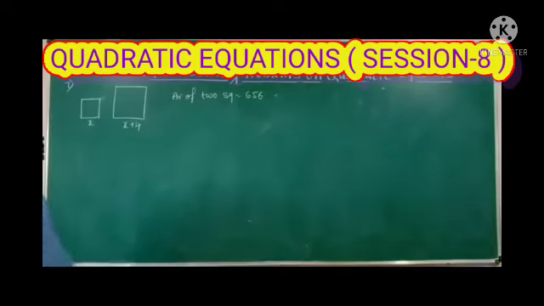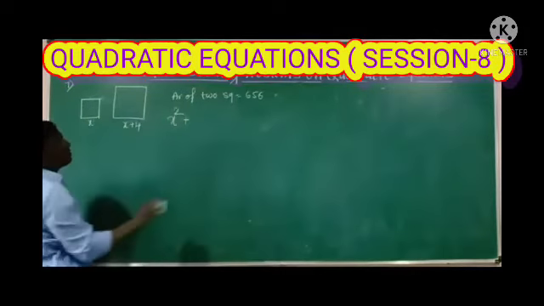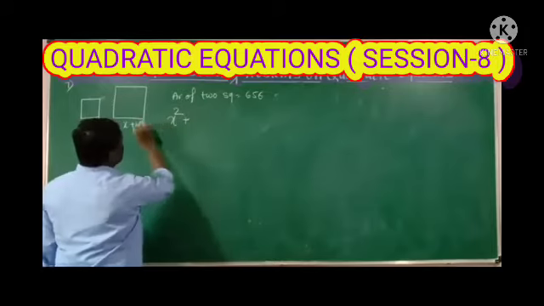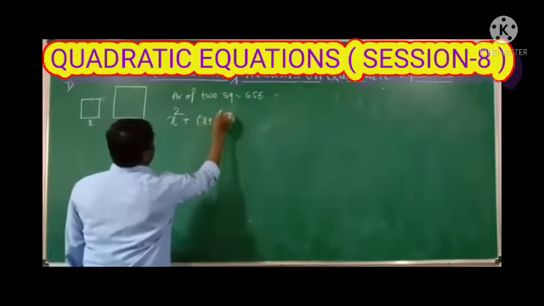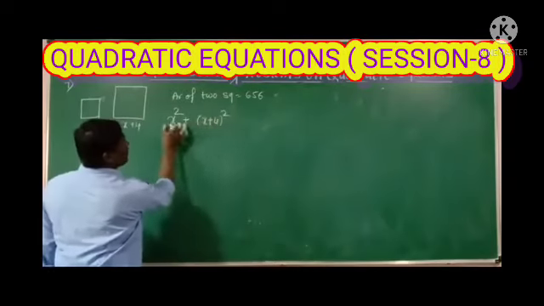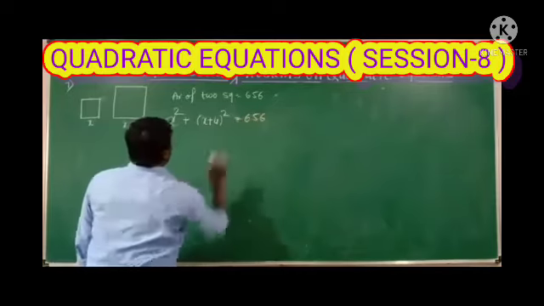So x square is the area of the first square. Next, area of the second square is x plus 4 whole square. The sum of the areas of the two squares is equal to 656.